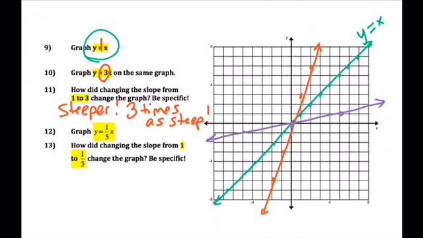So how did changing the slope from 1 that we had originally to 1/5 change the graph? The intercept is the same, but the slope is less steep. So how much less steep is it? We would say that it's 1/5 as steep.